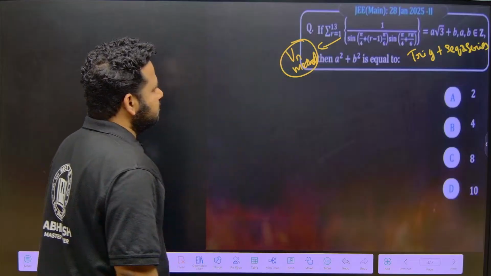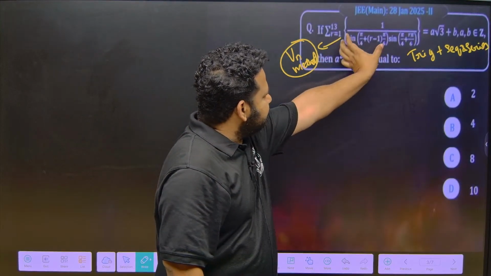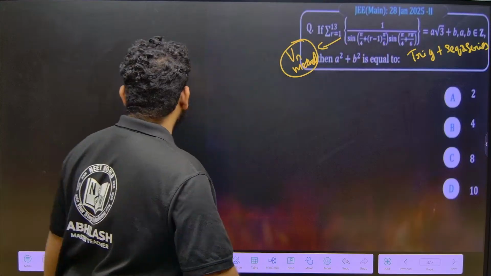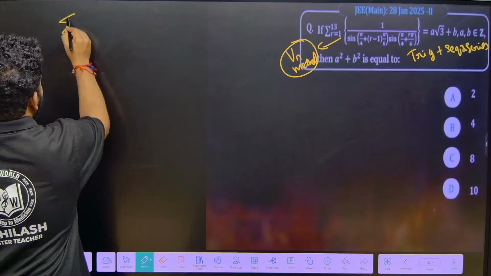First let us take whatever is given. The numerator we have to write in terms of the denominator. So what is given? Summation of r running from 1 to 13.